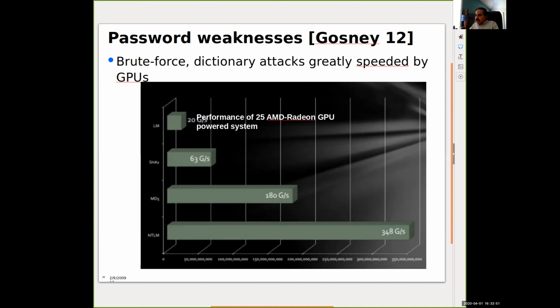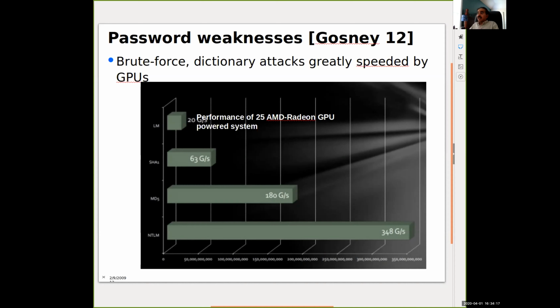So this is, I believe, MD5. This chart shows you for different hashing algorithms how much text can be hashed per second. You can see that there is an NTLM hashing algorithm, which is the one that's used for Windows domains, and GPUs.